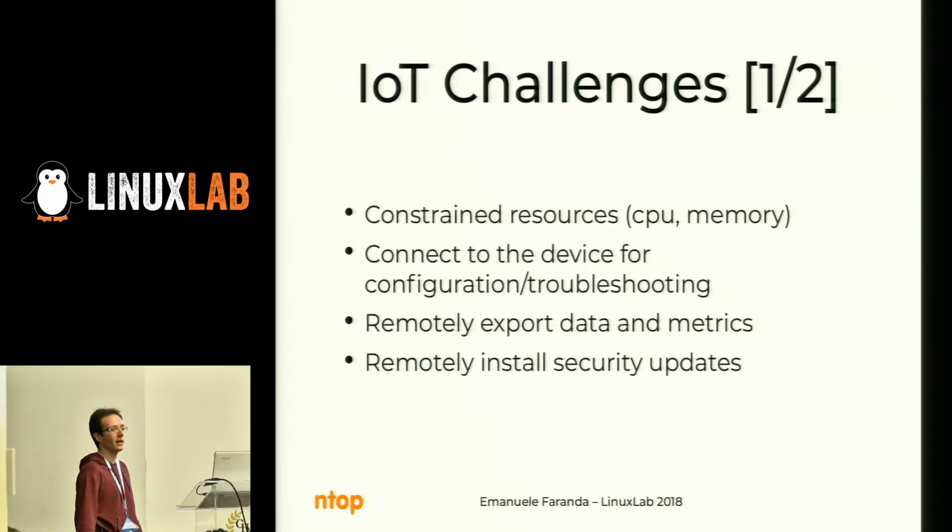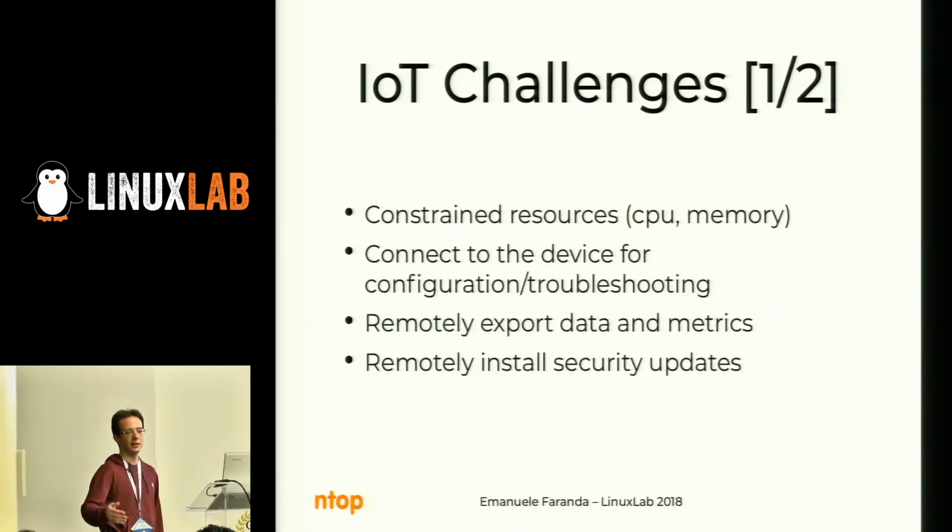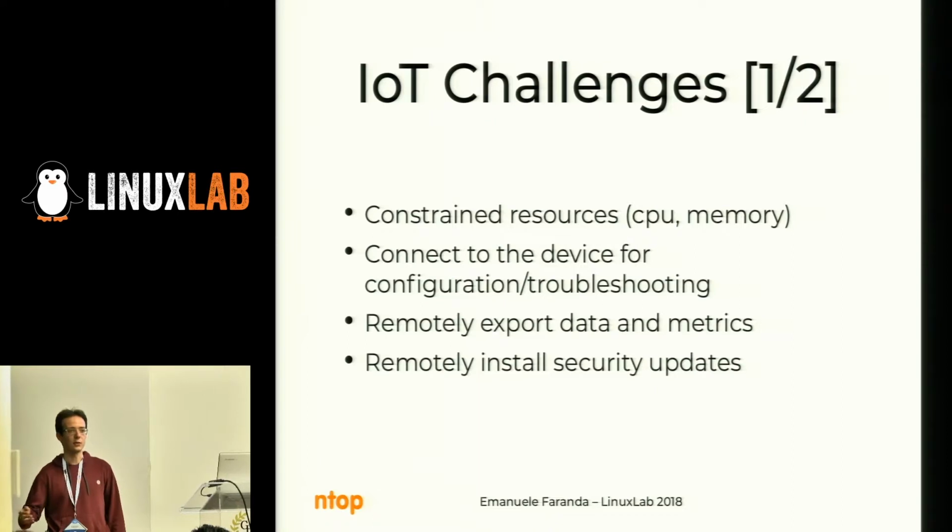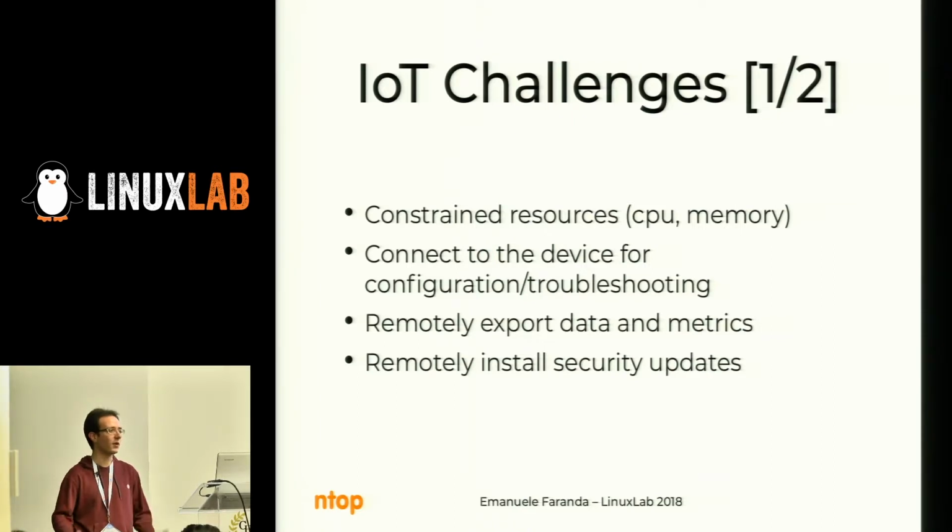We need a way to reach these devices once they are deployed to the home. For example, if a new kernel is released which patches security vulnerabilities, we need a way to reach the device and to update it. We cannot forget this device. We cannot deploy them and throw them in the wild. We have to support these devices.